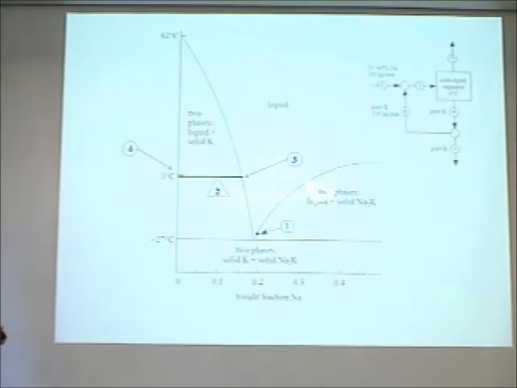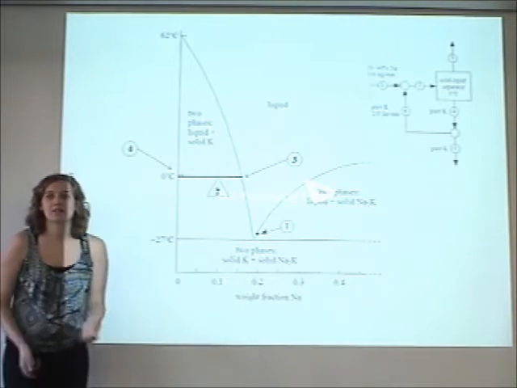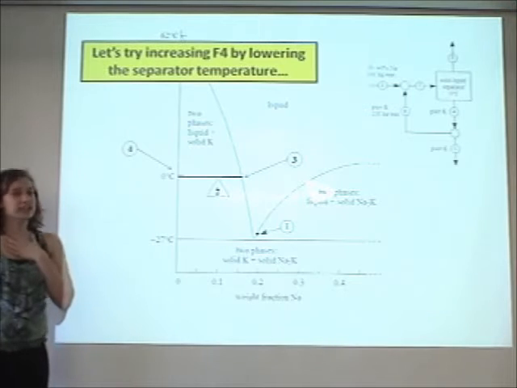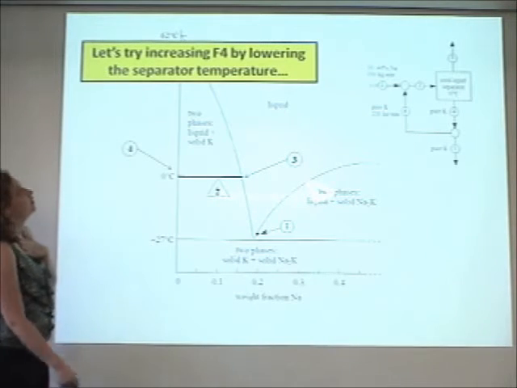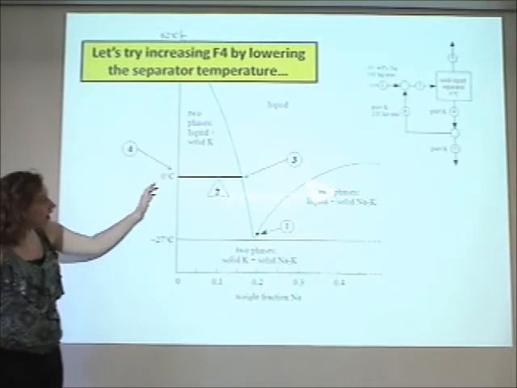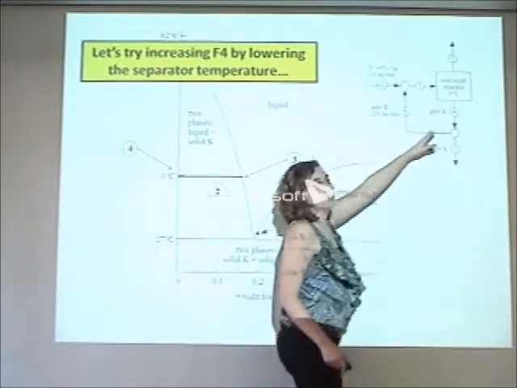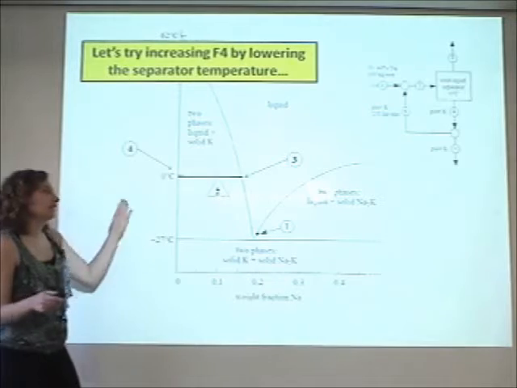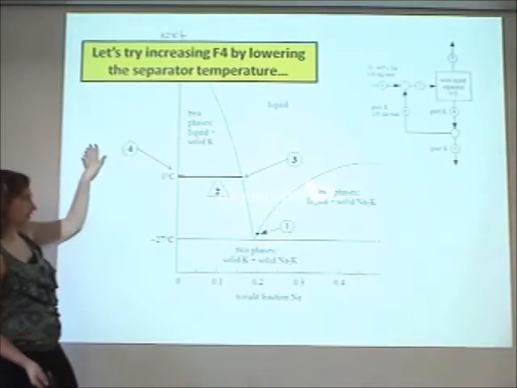Okay, cool. So for the next part of this, we were asked to see if we could make this process work ever. So the first thing I wanted to try is to increase the flow rate of F4, right? Because if I have more F4, then I could get some of it out in 5 and then put some of it in 6.